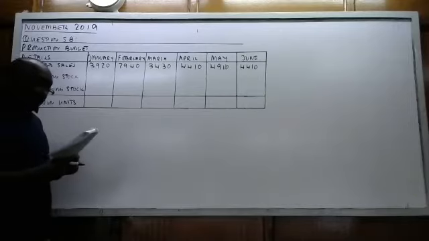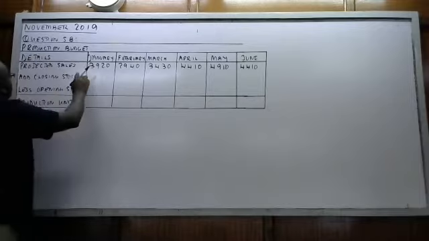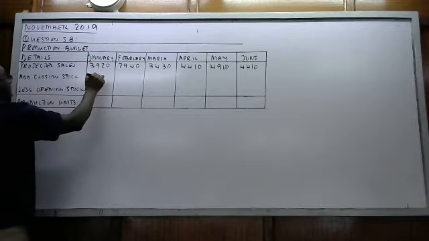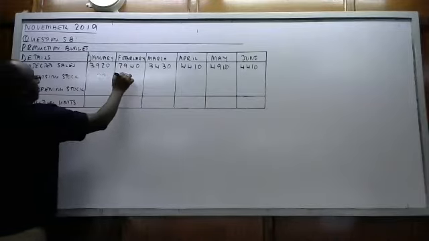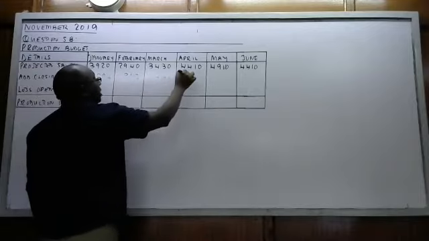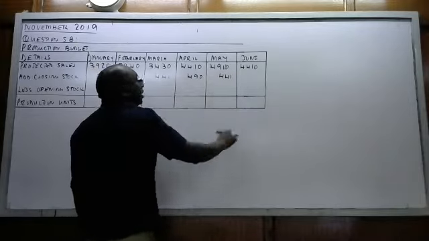Now, according to information 2, we are told that the closing inventory for each month is equal to 10% of next month's sales. So the closing stock here in January is 10% of February. So 10% here will be 294. Here I will have 343. Here I will have 441. Here I will have 490. And this will be 441.